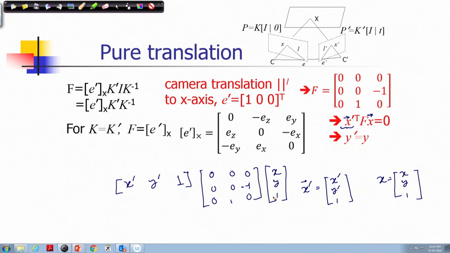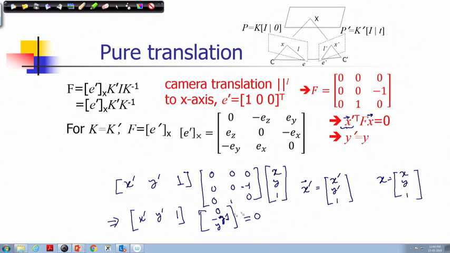If I perform this computation, the first part would be 0, next part would be minus y, next part would be 1, next part would be minus 1, and this is y.